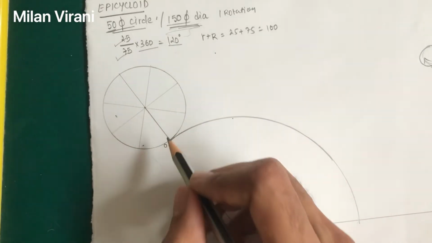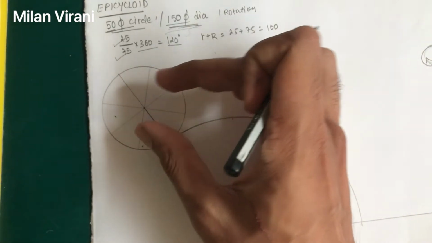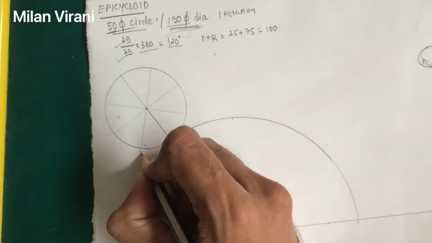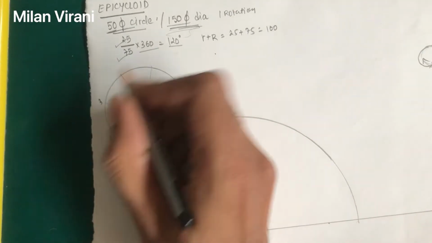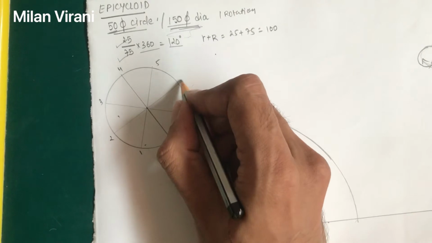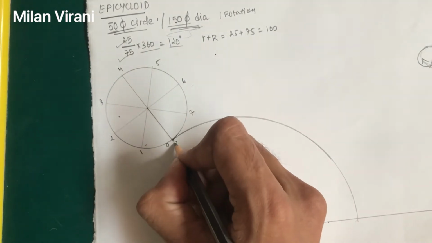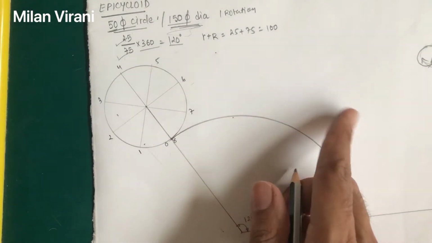Initially here is the O point, the contact. As it moves clockwise, we will give numbers clockwise, up to 8 points, because it's one rotation only.